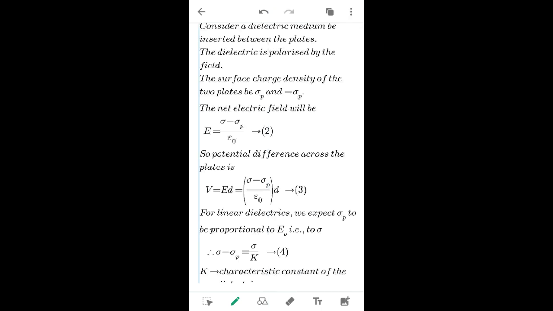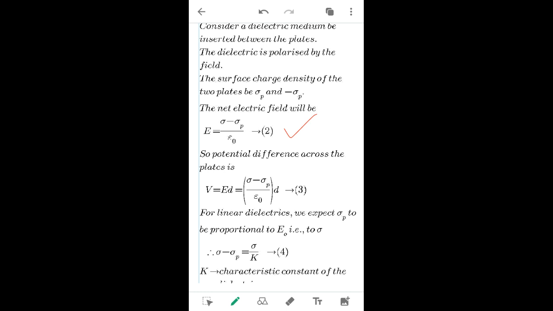So now let us consider a dielectric medium inserted between the two plates. If we insert a dielectric medium, the electric field we will get is E equal to sigma minus sigma P by epsilon naught. On one side the plate's surface charge density will be positive, and as there is a dielectric medium, it will be polarized.